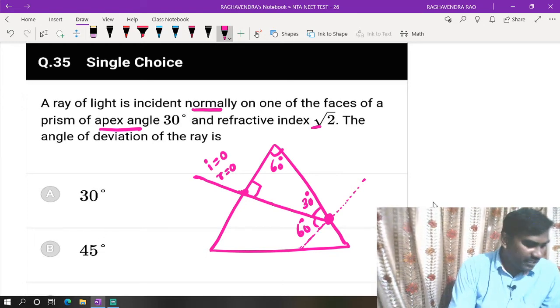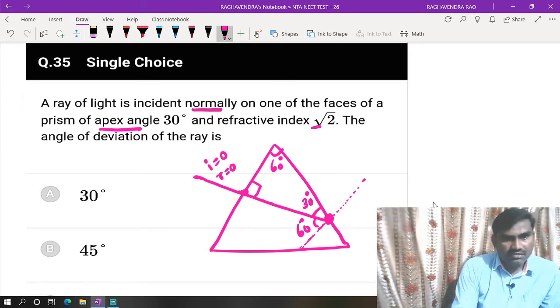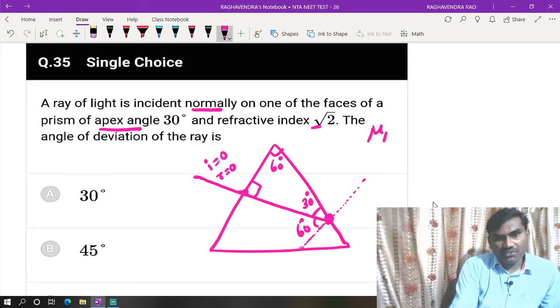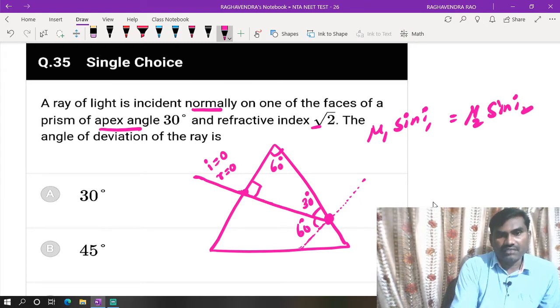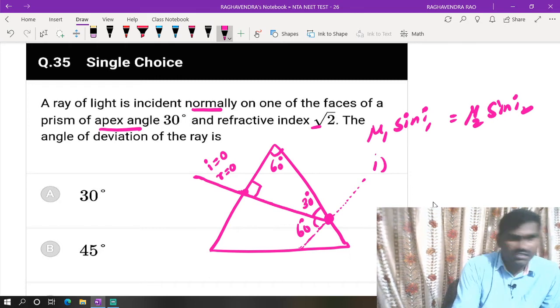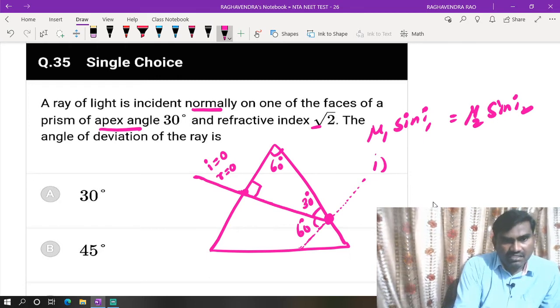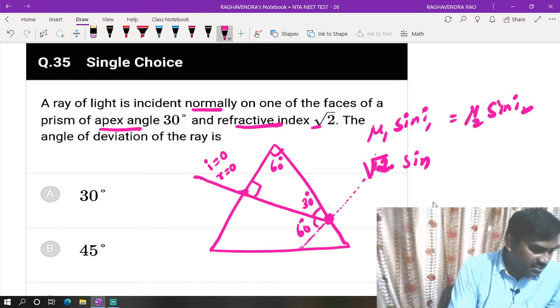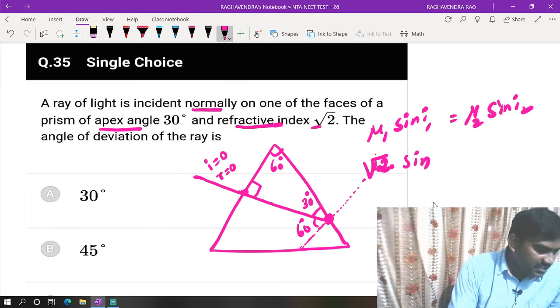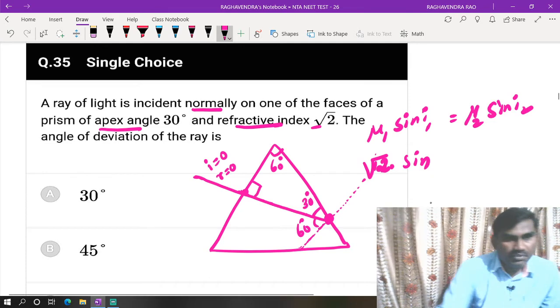Now at this point we can apply Snell's law, that means nu1 sin i1 is equal to nu2 sin i2. Nu1 is the air medium, and inside the prism we can take root 2 into sine of the angle of incidence.